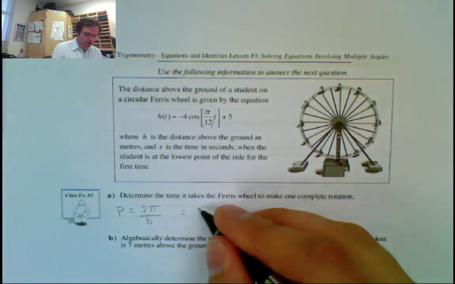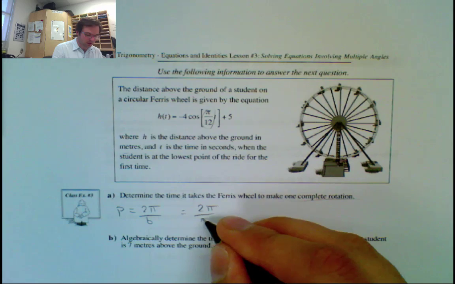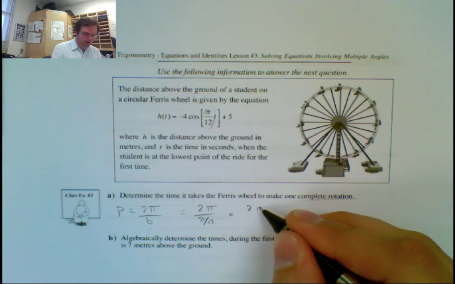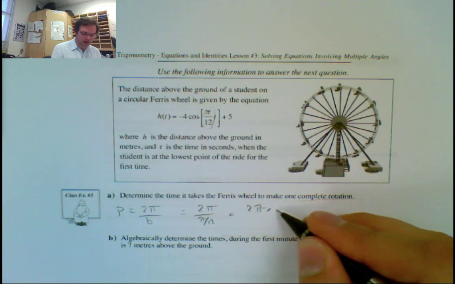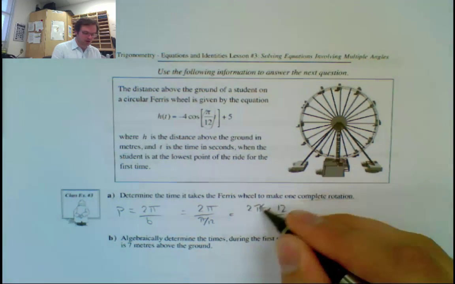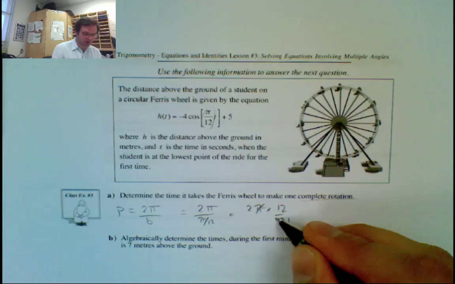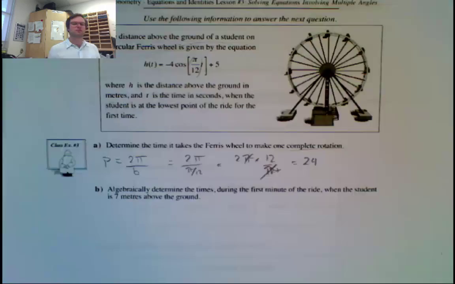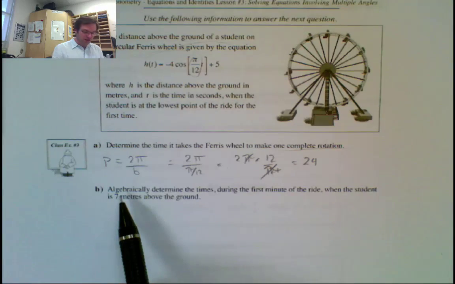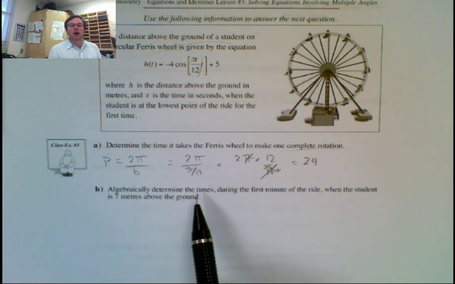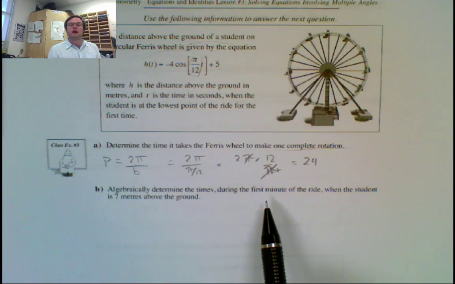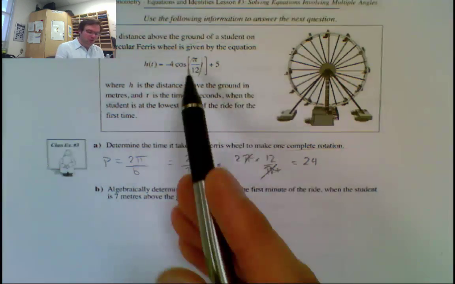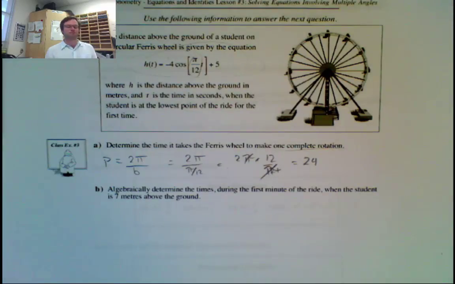So period is equal to 2 pi divided by pi over 12, which is the same thing as 2 pi multiplied by 12 divided by pi, which will end up giving me 24. Okay? So now B wants us to algebraically determine the times during the first minute of the ride when the student is 7 meters above the ground. So pretty much we're solving for this sinusoidal function.